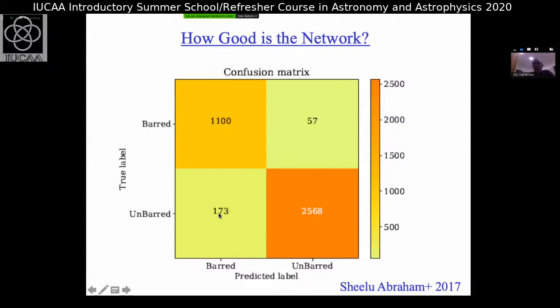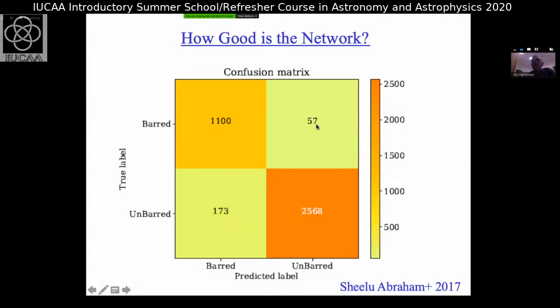These are known as true positives. And here, barred galaxies classified as unbarred are the false negatives.